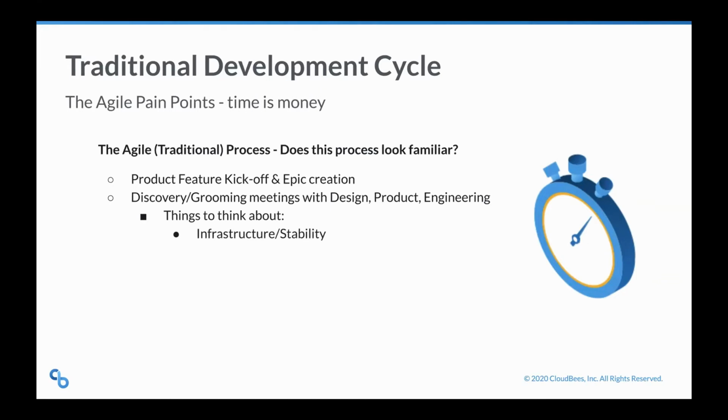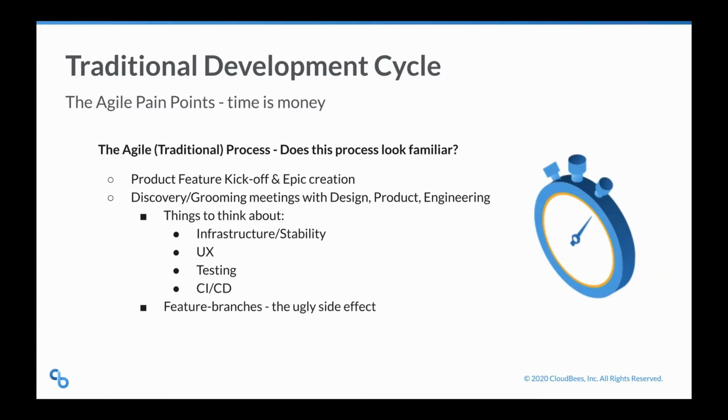You have to think about infrastructure and stability, user experience, testing, CI/CD. These are some of the points that I really want to hone in on. Obviously, there's probably way more things to think about than this, but for the purposes of this presentation and the fact that I don't have all the time in the world, I'm just going to stick to these points.